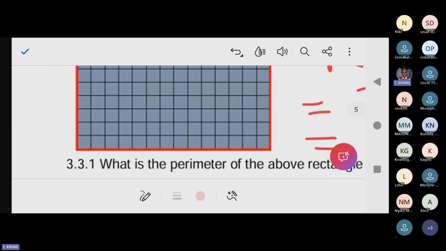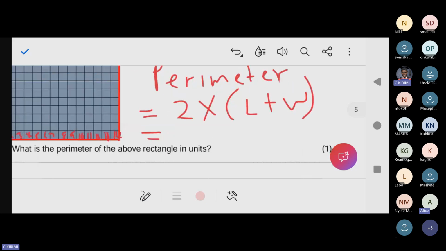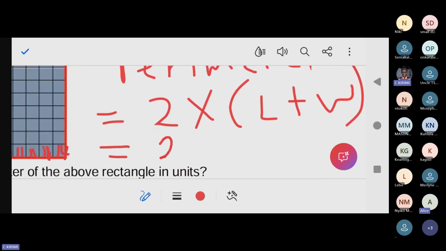I count the number of boxes throughout: 1, 2, 3, 4, 5, 6, 7, 8, 9, 10, 11, 12, 13, 14. The last one, 14. So the answer is going to be 2 times bracket, the length is 14 plus the width of that rectangle.